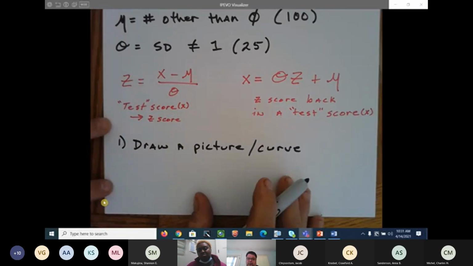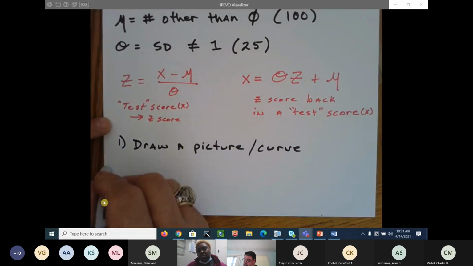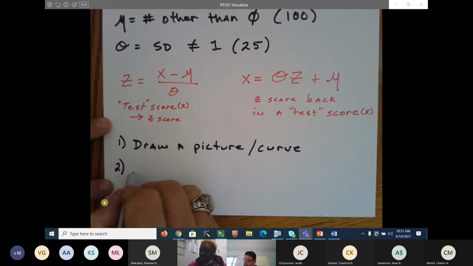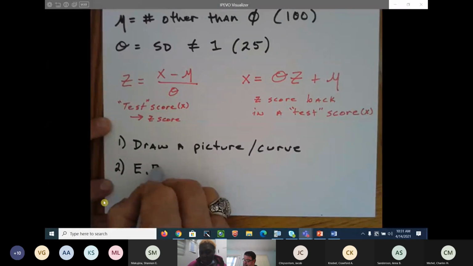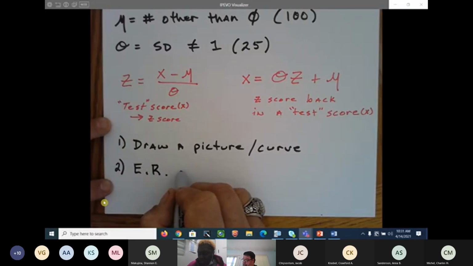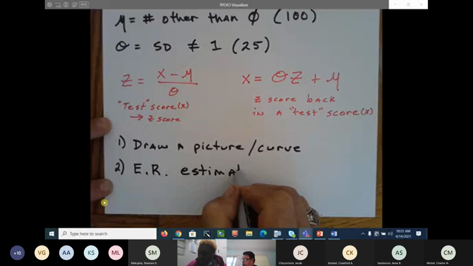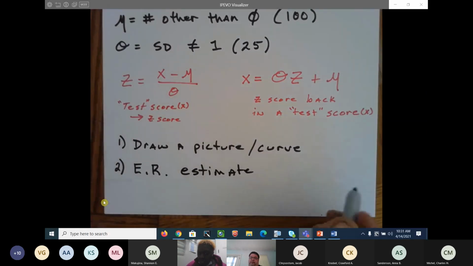Draw a picture slash curve. Use the empirical rule as much as possible to estimate. ER stands for empirical rule.